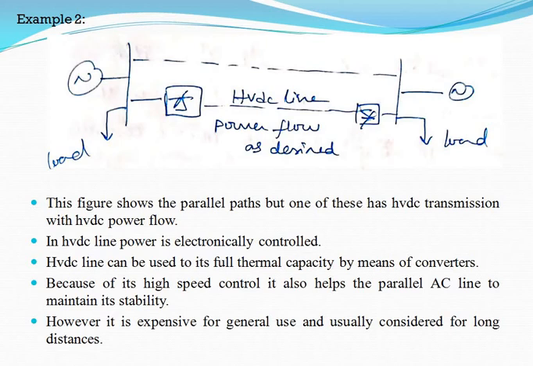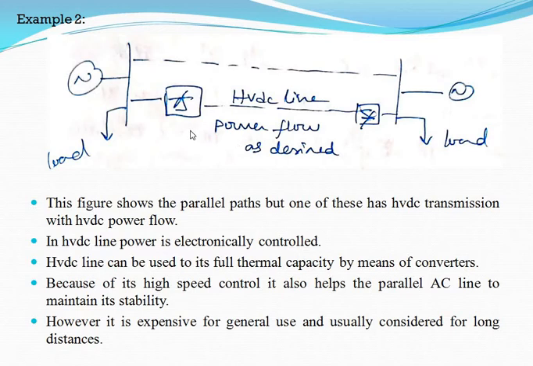because in HVDC, with power electronic converters, the power is electronically controlled. As it is electronically controlled, the HVDC line can be used to its full thermal capacity with the help of these controls.